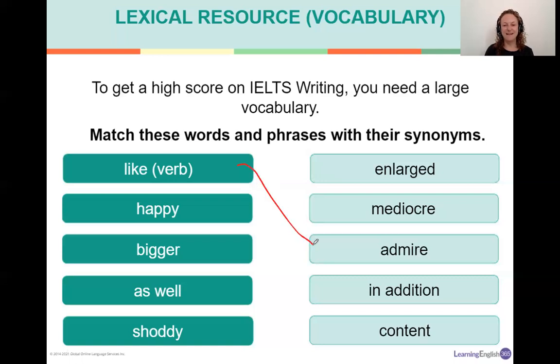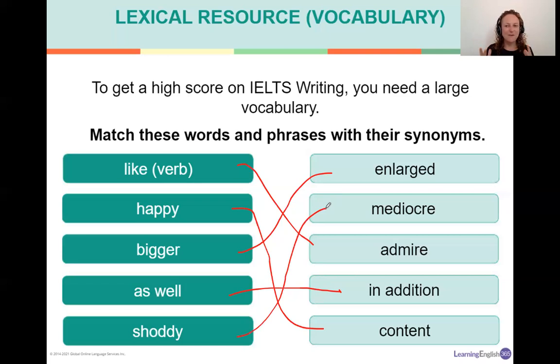Let's admire, happy, will be content, bigger, enlarged, as well, in addition, and shoddy. Well, we only have one left, don't we? I'm sure you knew it anyway. Mediocre.